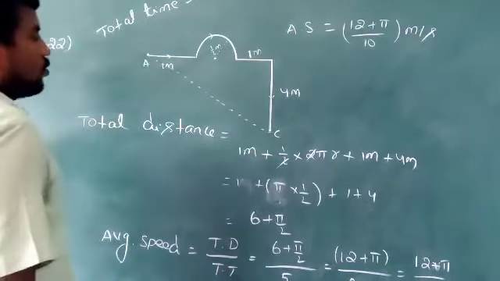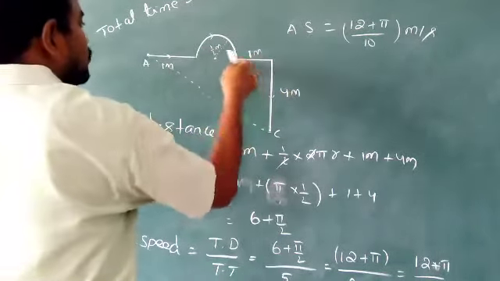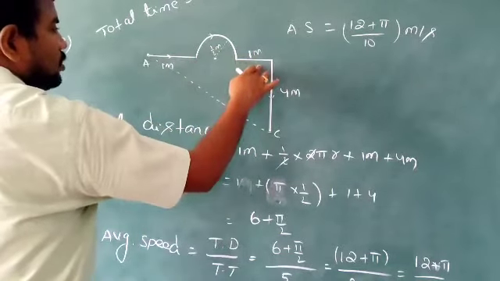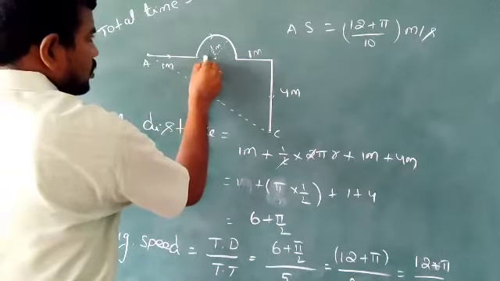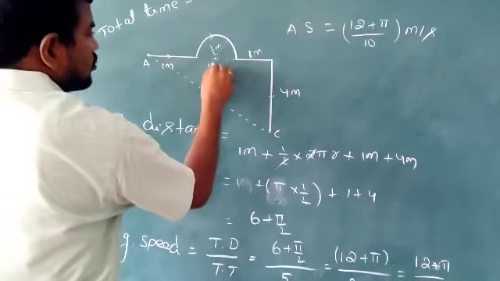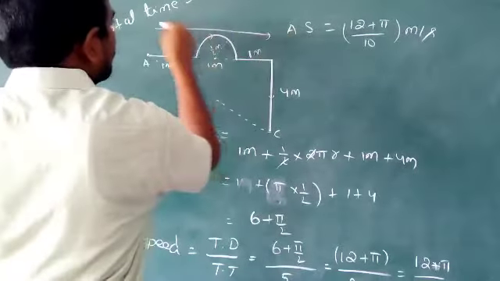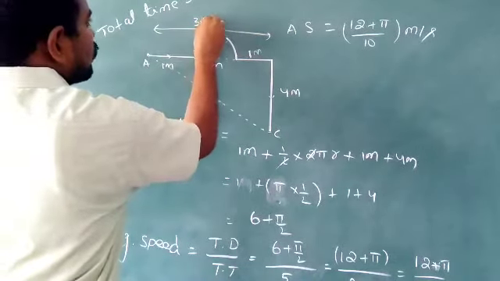Right? Now if you find these two, this side and this side, this is 4 meters, we have to find this 1 meter plus 1 meter. Since this is half meter and this length is nothing but the diameter, half plus half, so this is also 1 meter. So totally it is 3 meters together, right? And this is 4 meters.